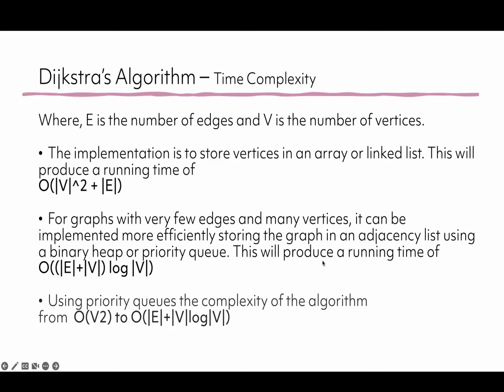This will produce a running time of big O of E plus V log V. Using a priority queue improves the complexity of the algorithm from big O of V squared to big O of E plus V log V.